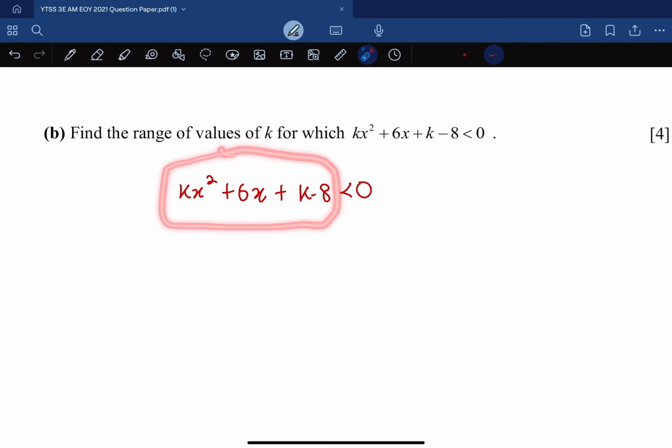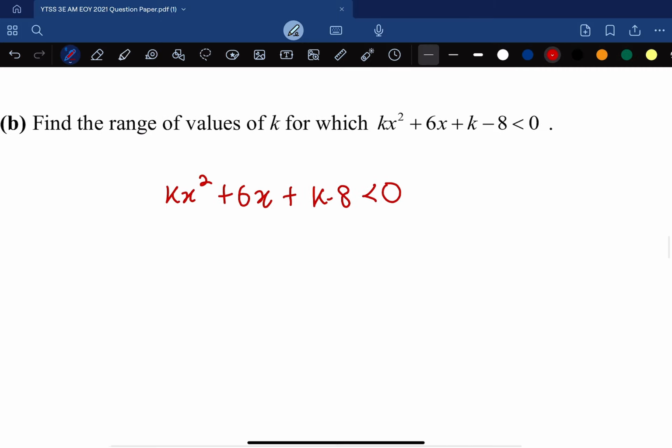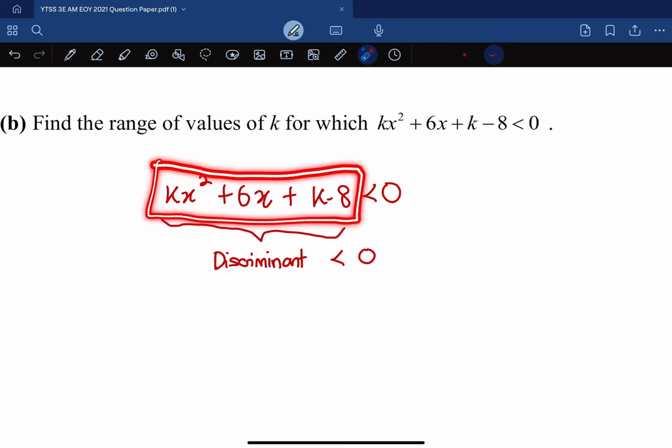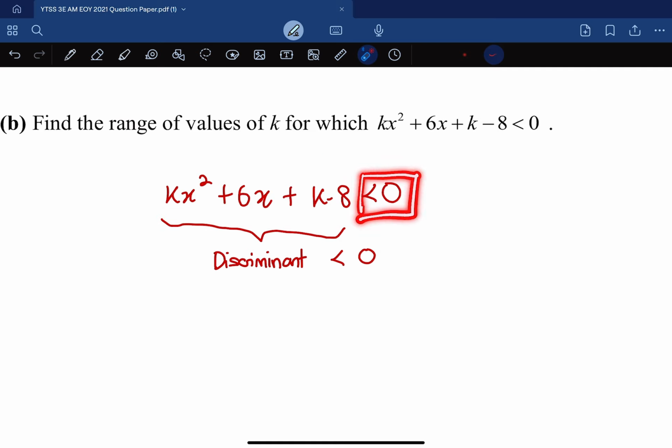For this curve to be below the x-axis, we know that the discriminant of this quadratic function must be less than 0, in order for this curve to be below the x-axis. This is what this is saying.